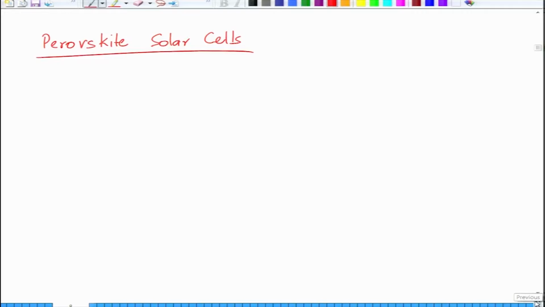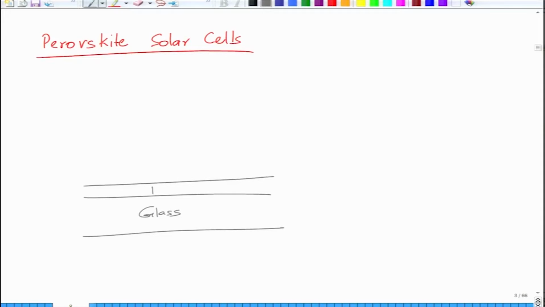What we have nowadays is a heterojunction, which is different. So, in the current context we have a glass substrate, and then we have FTO, which is an electrode, and in this case we use FTOs.